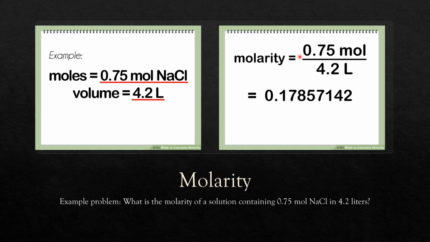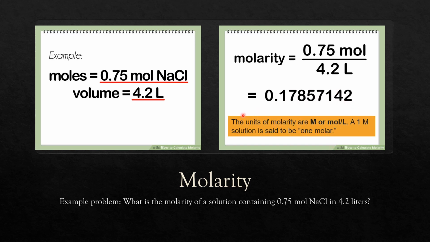The resulting quotient gives you the number of moles per liter of solution, otherwise known as molarity. The unit of molarity is expressed in capital letter M, or moles per liter, so that a 1 M solution is said to be 1 molar.